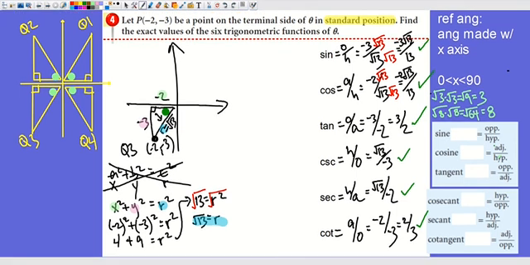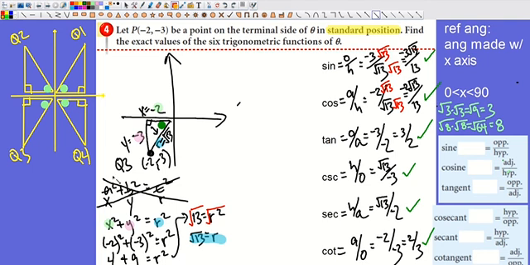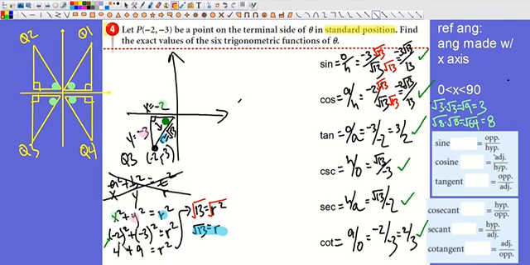Remember, x is your left-right value, y is your up-down value. I would always use parentheses like you see here, just to be safe and not mess up. So I put -2 here, I put -3 there, and I have r squared.